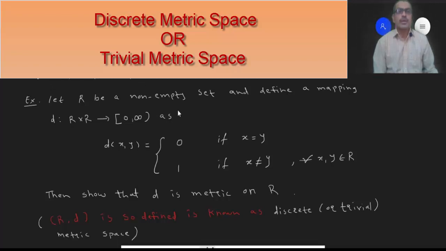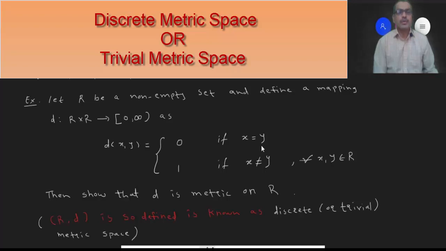Let R be a non-empty set. Define a mapping d from R cross R into the closed open interval [0, infinity). This map is defined as d(x,y) = 0 if x = y.